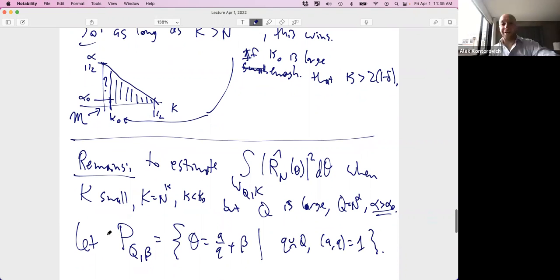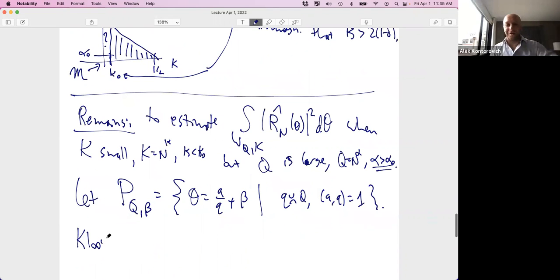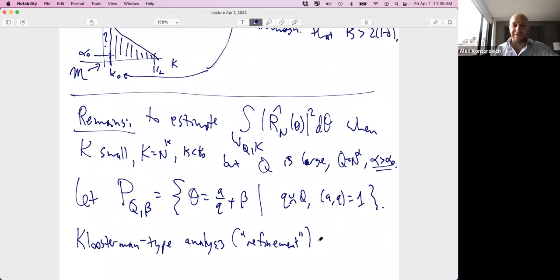And here's the Kloosterman type refinement, or Kloosterman analysis. Some people call this a refinement. Some people really don't like that it's called a refinement. It's a completely different method. Kloosterman type analysis is we want to try to get cancellation. Since we need cancellation in Q, Q has to play a crucial role.